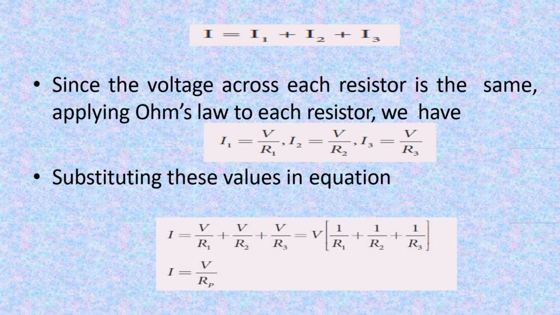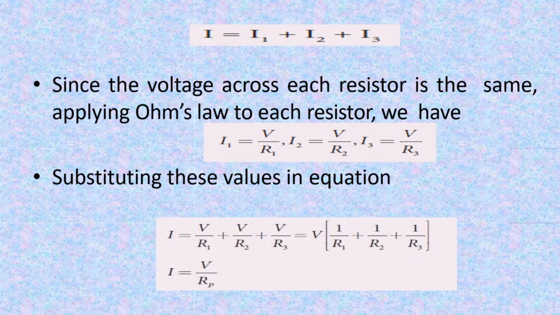Since the voltage across each resistor is the same, by applying Ohm's law to each resistor, we have I1 is equal to V over R1, I2 is equal to V over R2, and I3 is equal to V over R3.